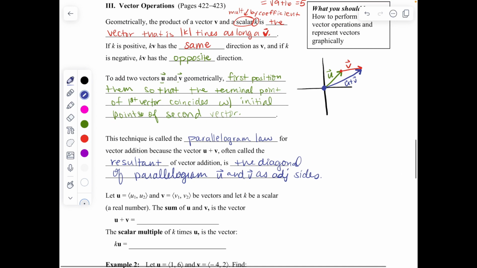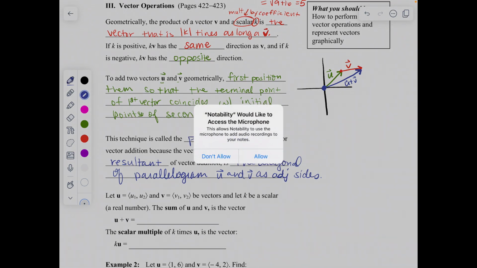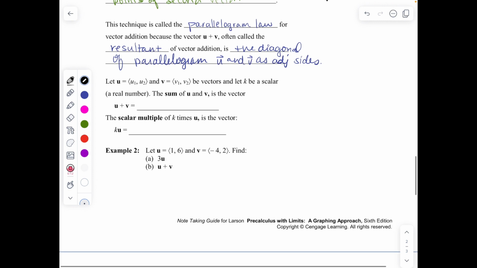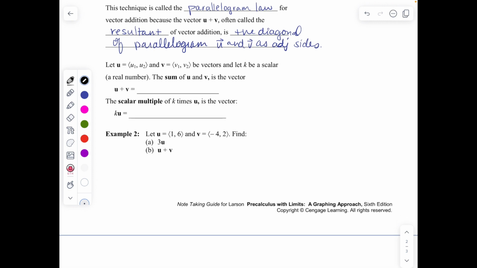Okay, so I can kind of show you what that means. I could show you that this would be like a parallelogram here where the resultant vector is right in that middle. So that's that parallelogram idea. Okay, so let's go ahead and go to the next part.